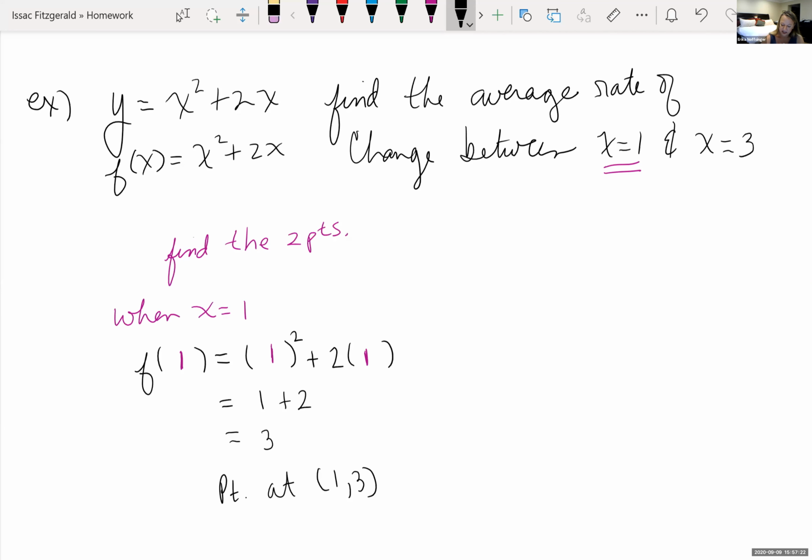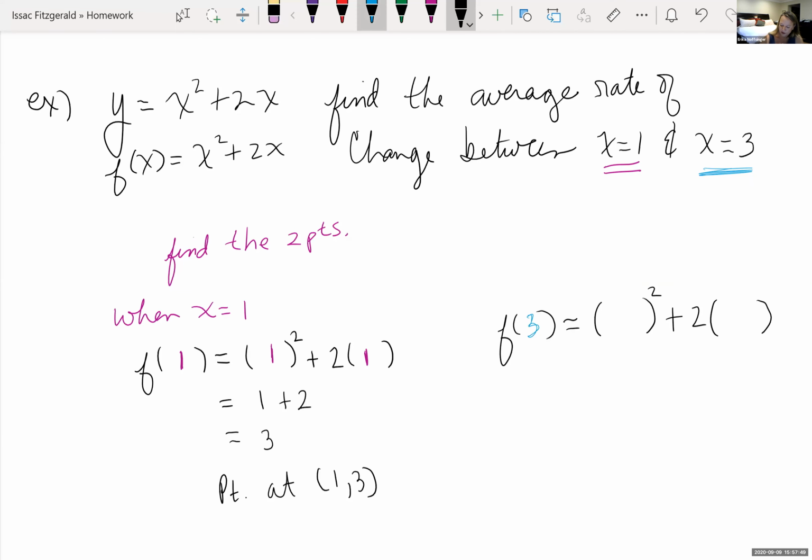Now let's look at what is f of 3. Again, wherever you see an x, rewrite it within a parentheses. So parentheses squared, plus 2 times x, so 2 parentheses.